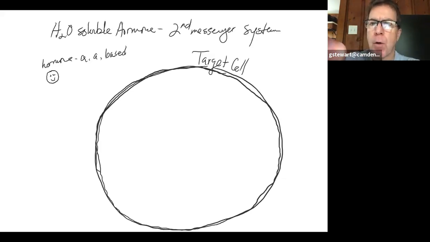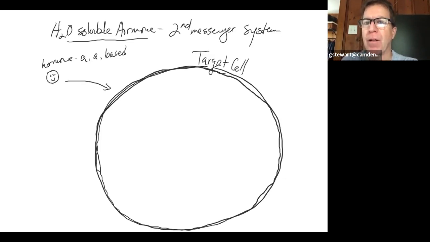So this hormone, because it's water soluble, can't penetrate this membrane because it's lipid-based, it's fat-based, so it gets repelled. Therefore, the target cell for this hormone has to put a receptor out here on its surface that's made specifically for that hormone. So it can't just go into the cell.